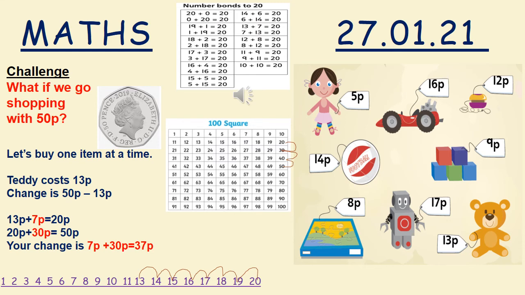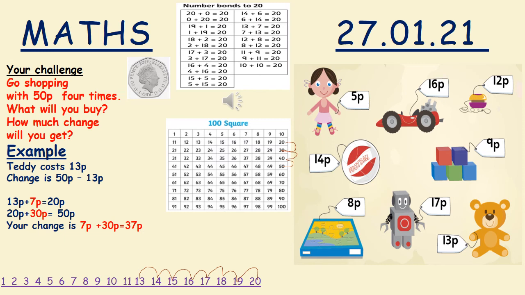I've hopped 3 tens there. So 20 plus 30 equals 50. So your change is going to be 7p plus 30p equals 37p. Okay?